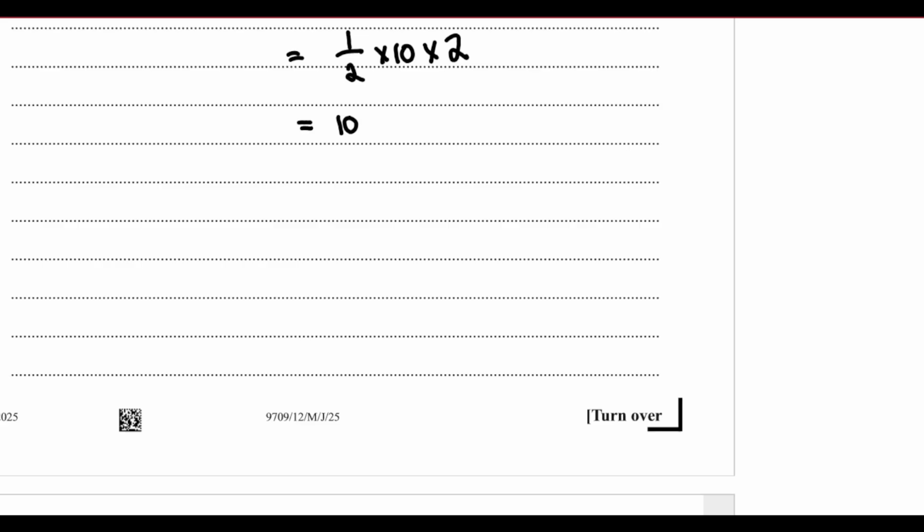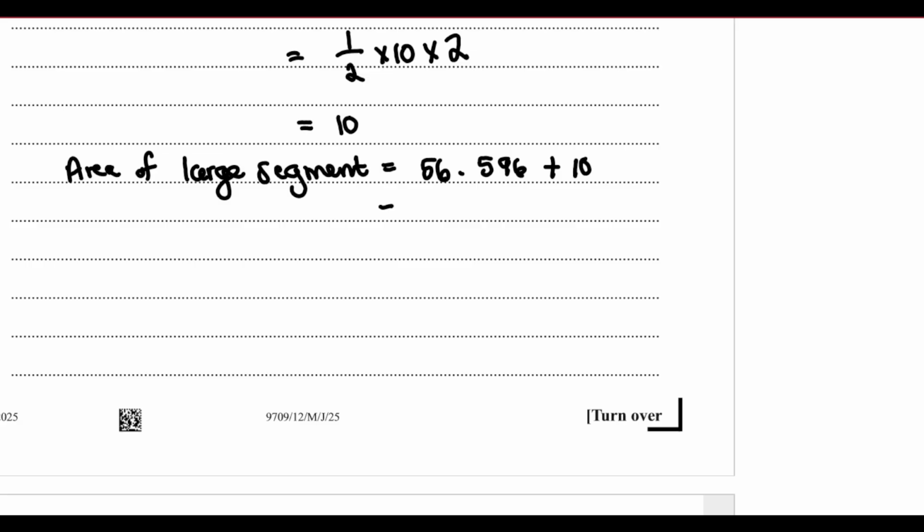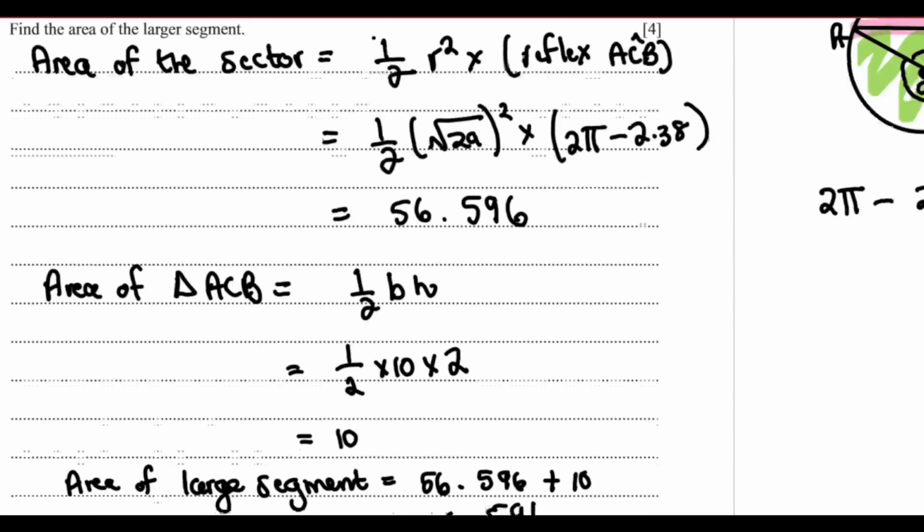So we get the area of the large segment as your answer from the previous one, 56.596 plus 10, which ends up being 66.596, but they didn't specify rounding here.